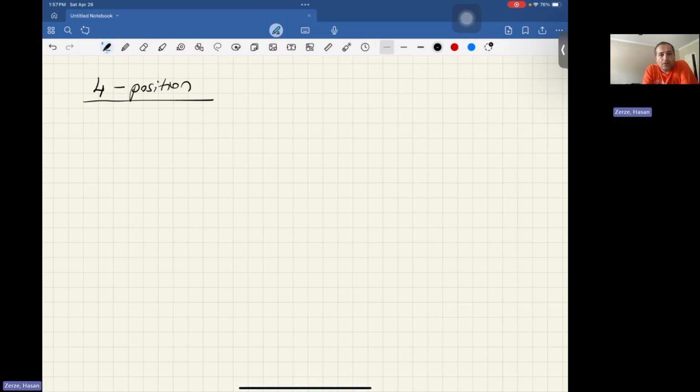In the theory of special relativity, when we say four-position, we talk about a vector with four entries. In three-dimensional Euclidean space, we define positions with three entries: the x coordinate, y coordinate, z coordinate.